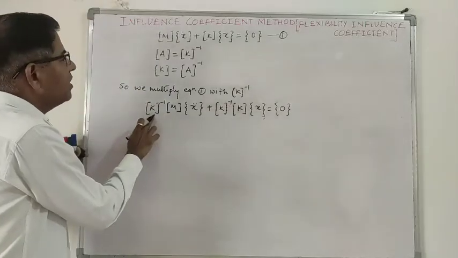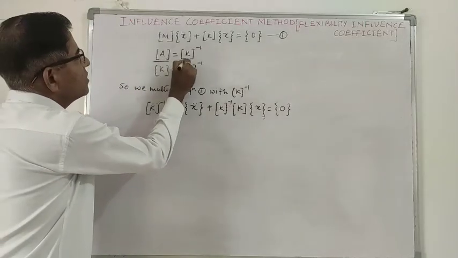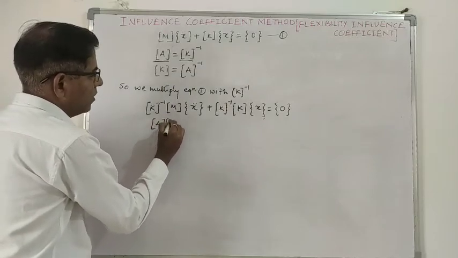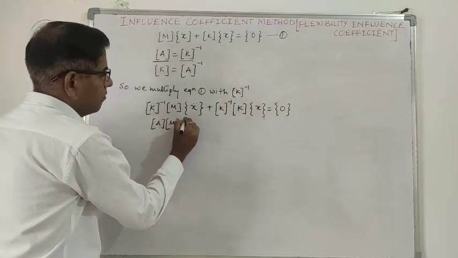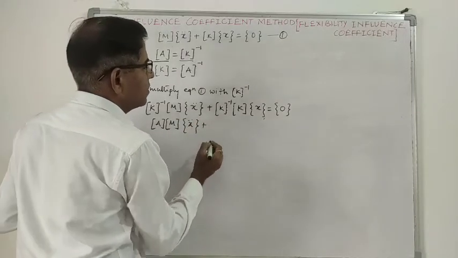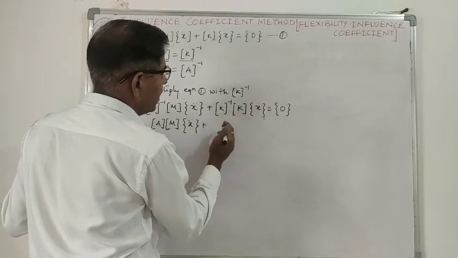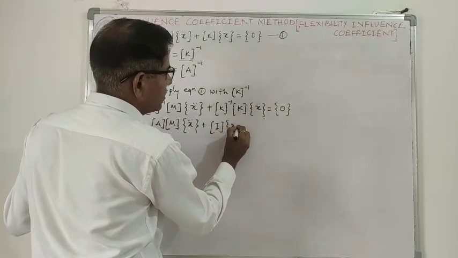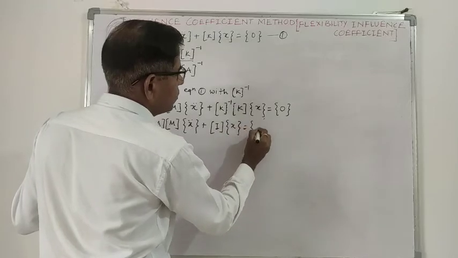Now we know that K inverse is nothing but A matrix. So A into M into X double dot plus K inverse into K is identity matrix into X equal to 0.